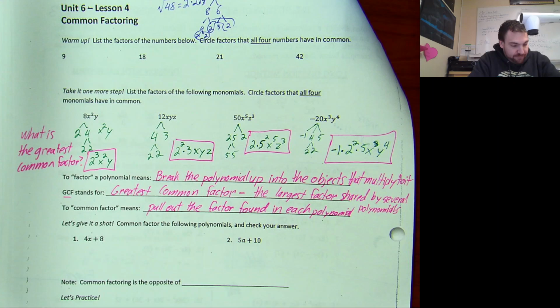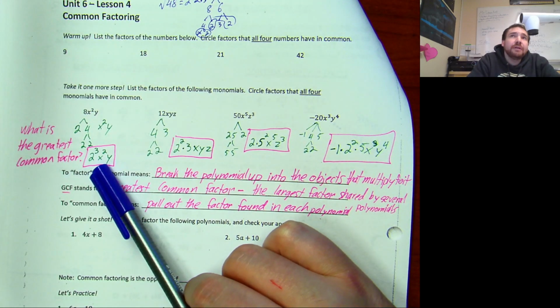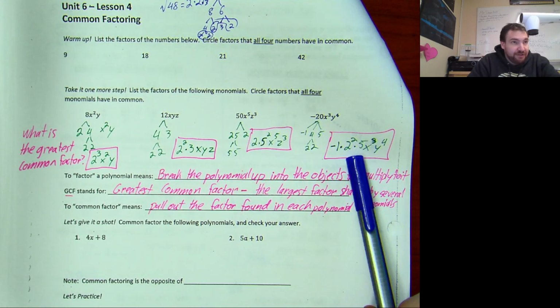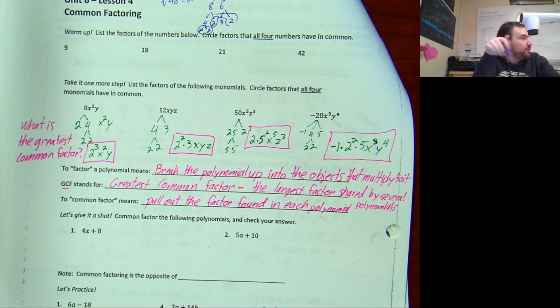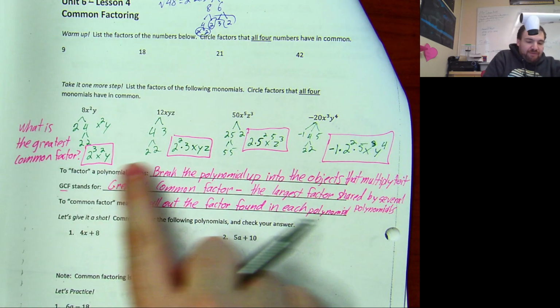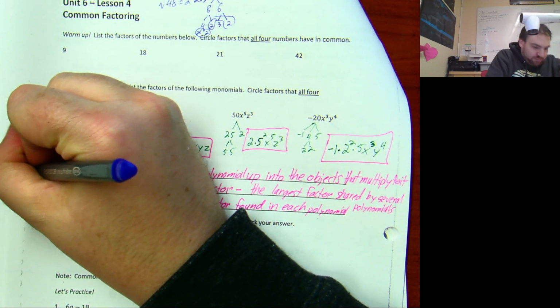They all have at least one 2, or do they have multiple 2's? Well, this one has how many 2's? This one? This one? This one? So the greatest number of 2's found in all of them is 1. So the greatest common factor is going to involve one 2.